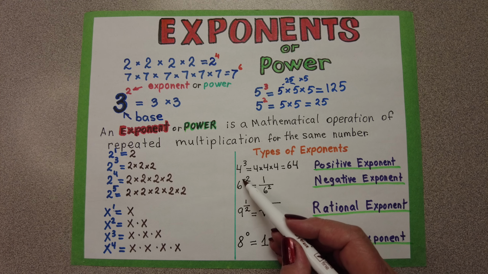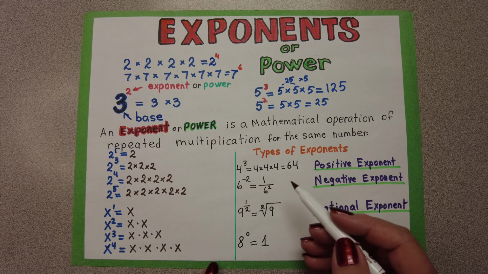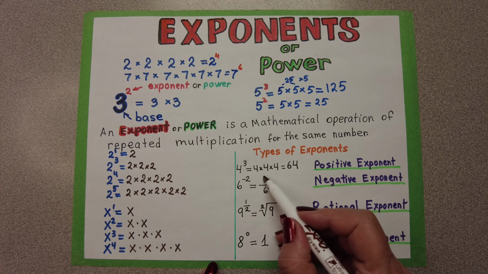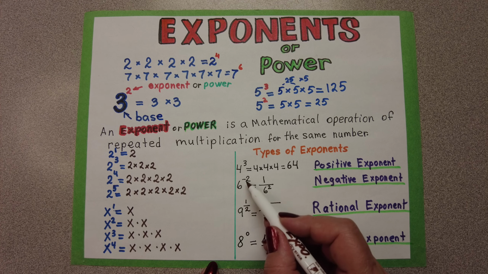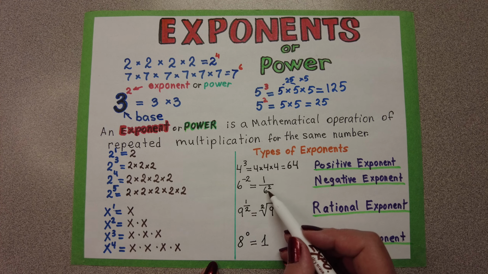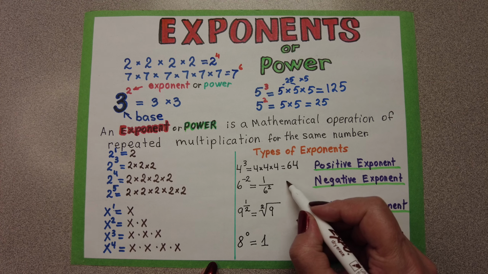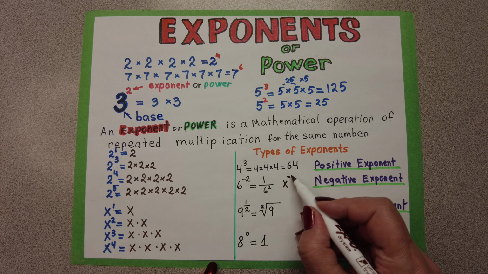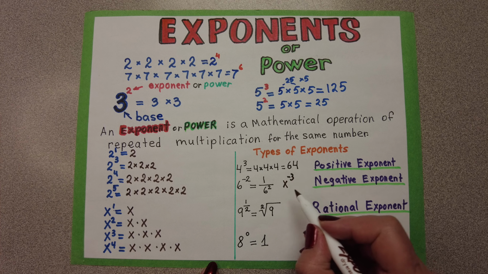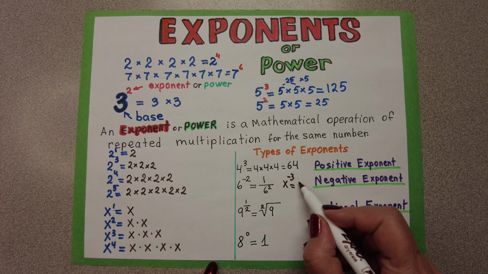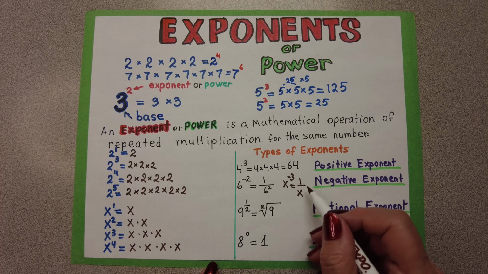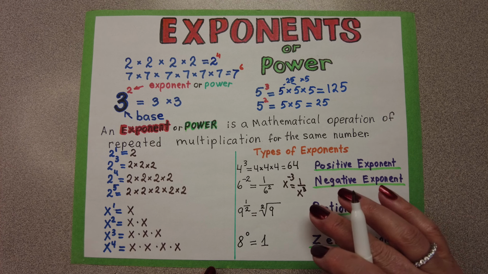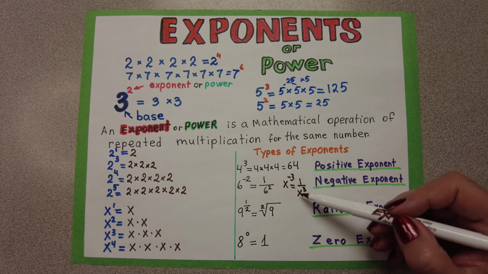What if the exponent is negative? In this case, we write 1 over the same number with the exponent but positive, like x to the power of negative 3 equals 1 over x to the power of 3, like an inverse. We call this inverse.